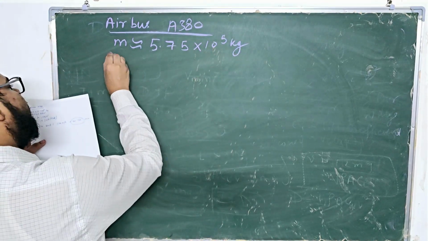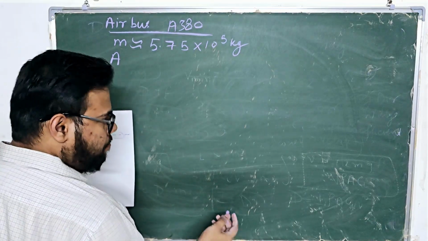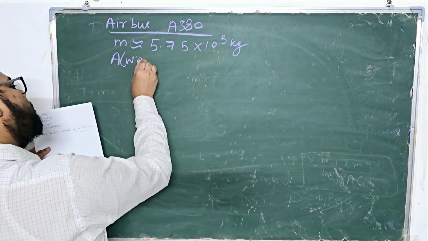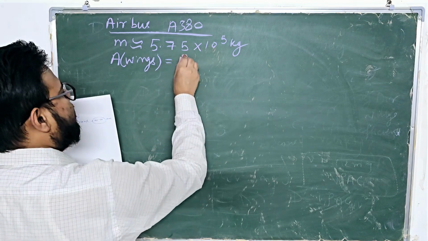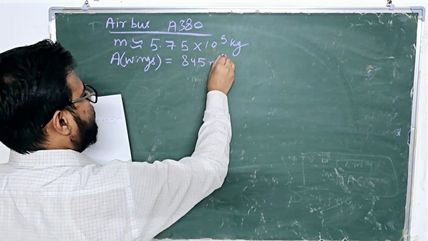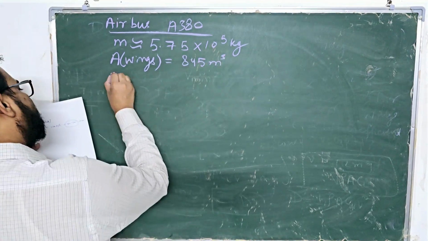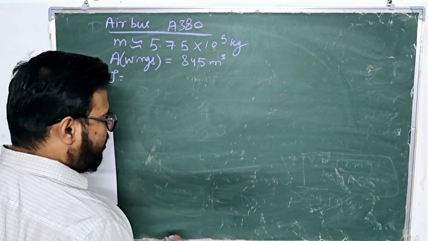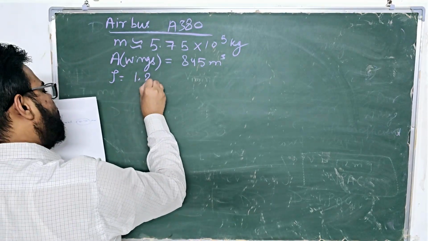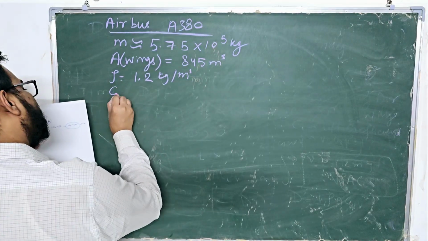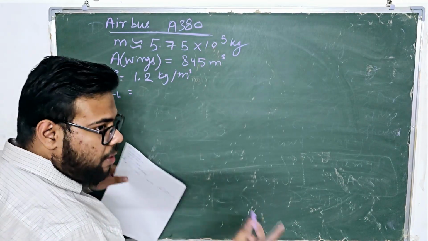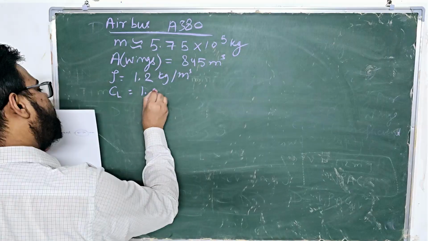The area of the wings is given as 845 meter squared, the density of air is assumed as 1.2 kg per meter cubed, and the coefficient of lift with flaps is 1.5.